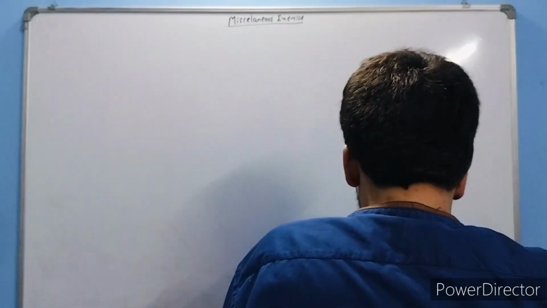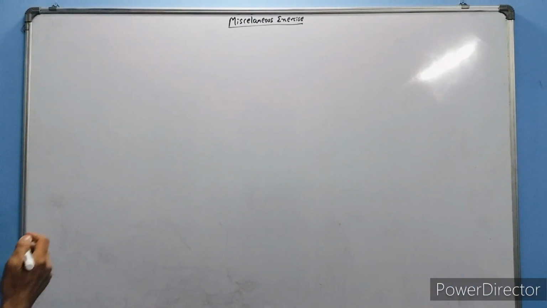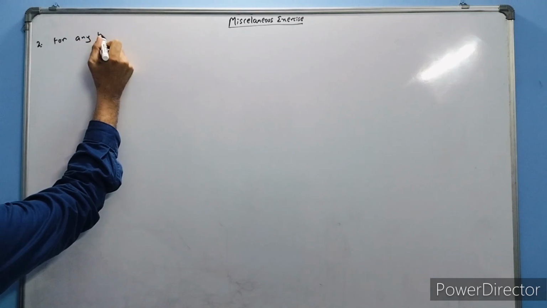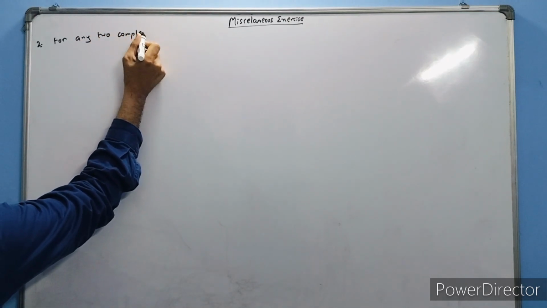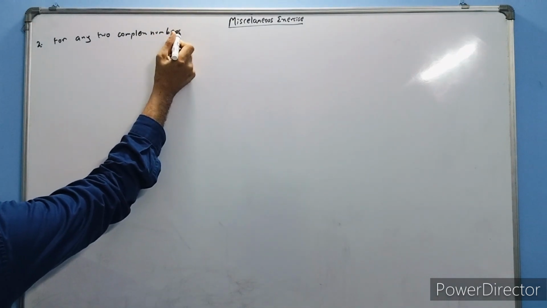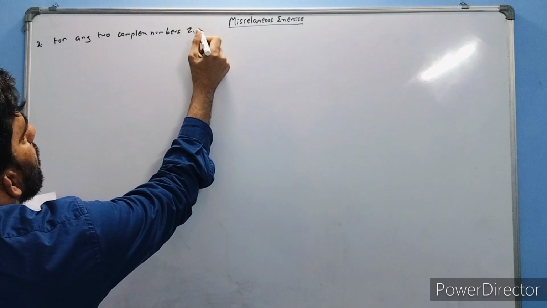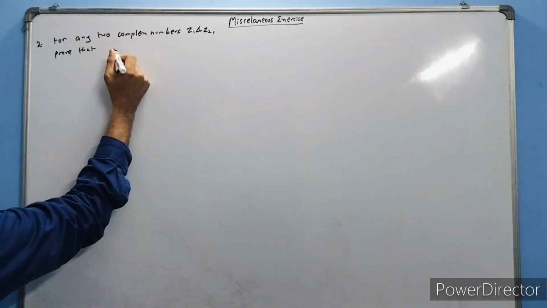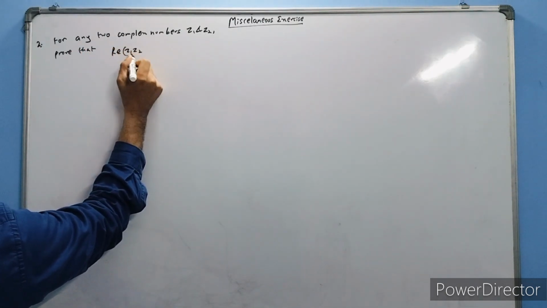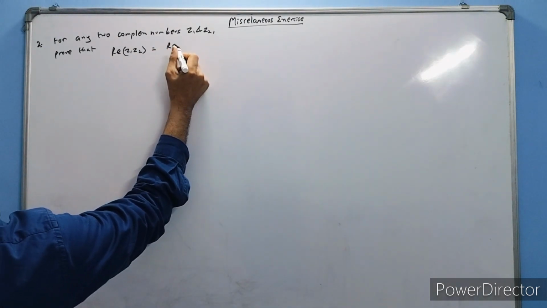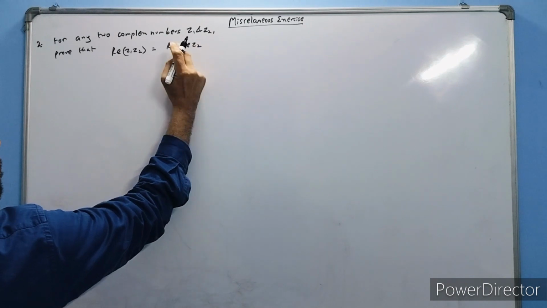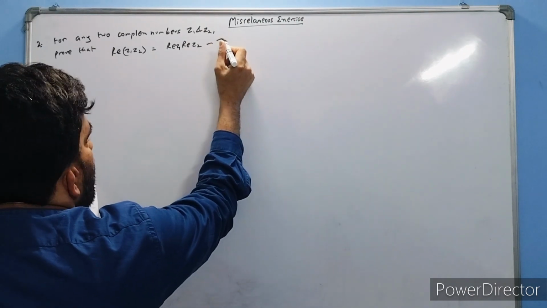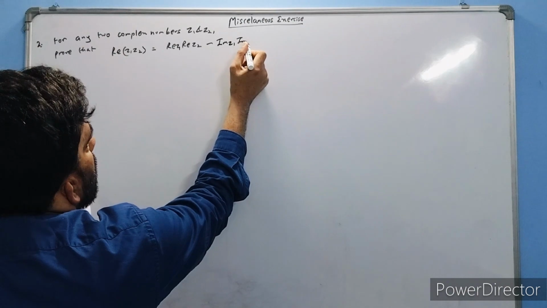What does the question say? Let us see. It says that for any two complex numbers z1 and z2, we need to prove that the real part of z1 z2 is equal to the real part of z1 times the real part of z2 minus the imaginary part of z1 times the imaginary part of z2.